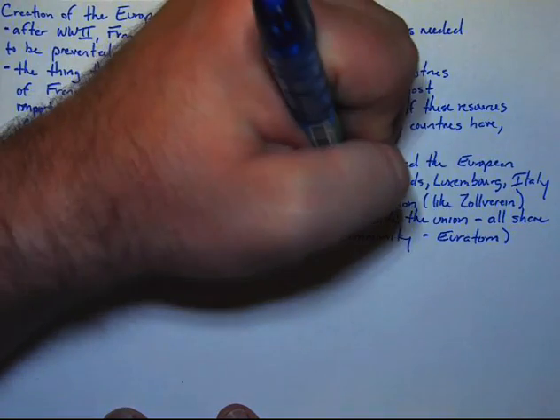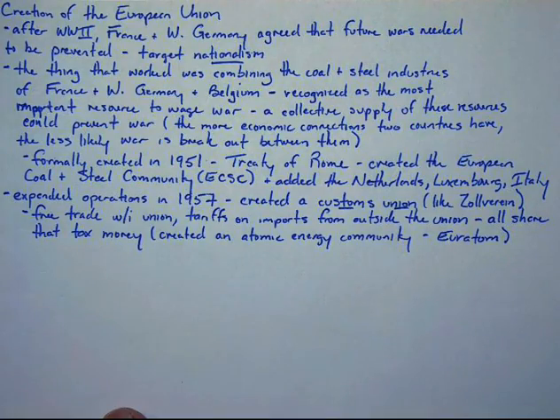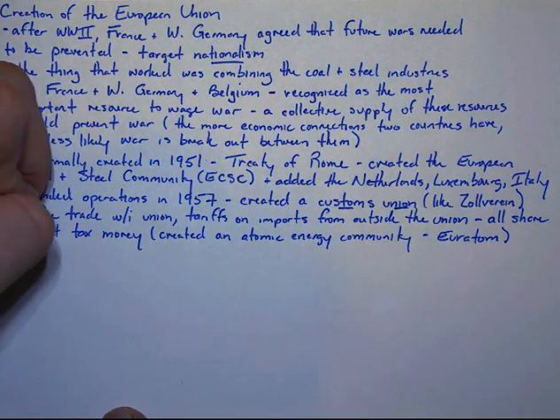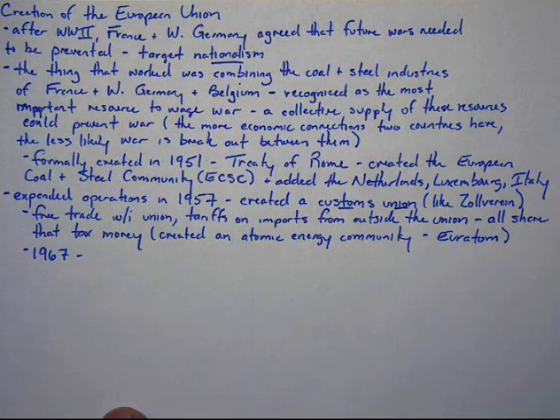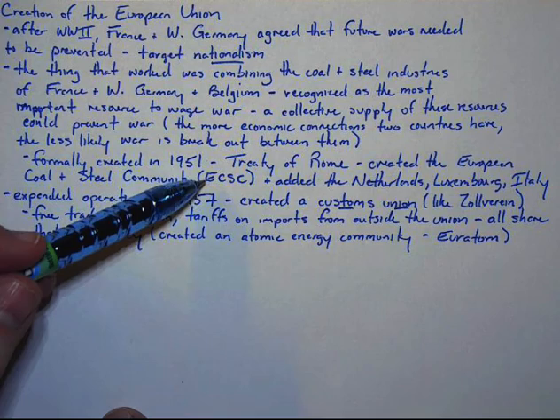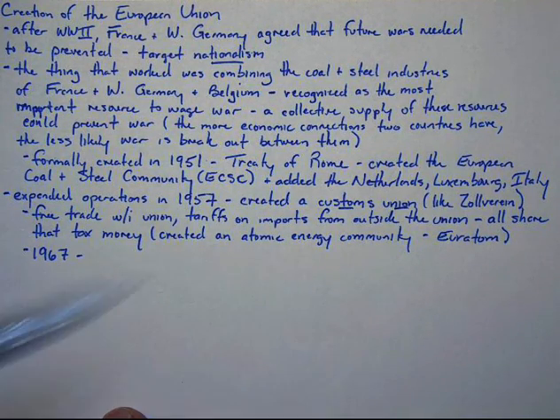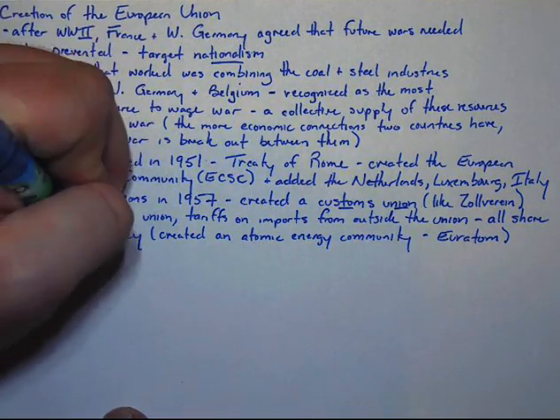The important thing is this customs union. In 1967, these 3 organizations, the ECSC, the Customs Union, and Euratom, are all kind of umbrellaed under one organization called the European Community.